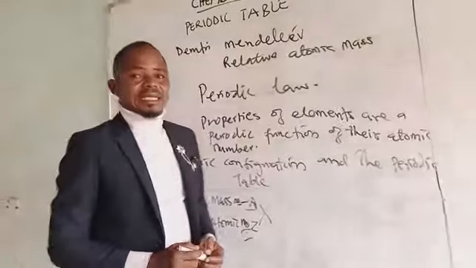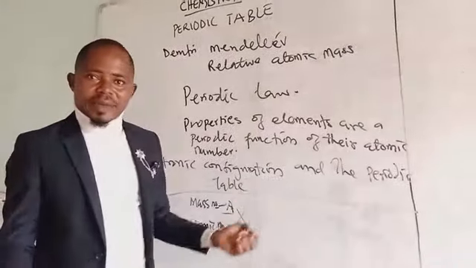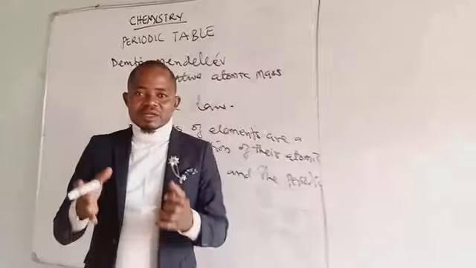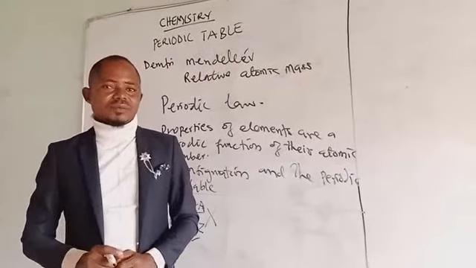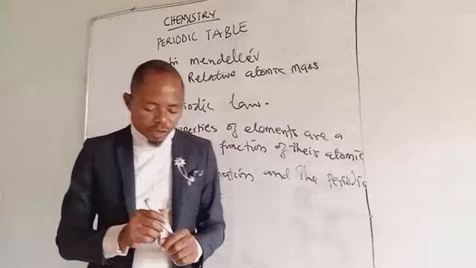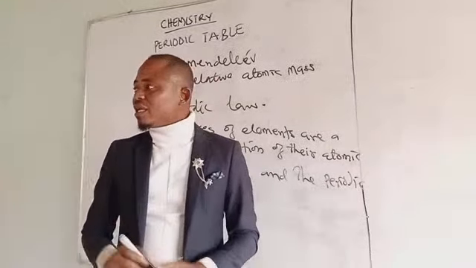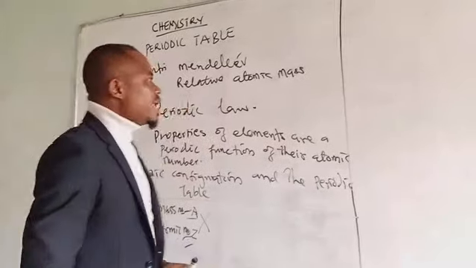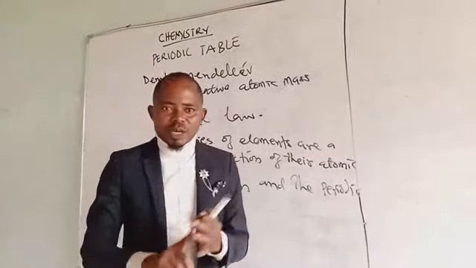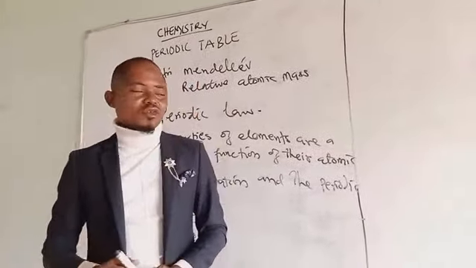Now, remember that the atomic number is the number of protons in the nucleus of an atom. The number of protons in the nucleus of an atom is what makes up the atomic number. Now, in that nucleus, we have both the protons and the neutrons.